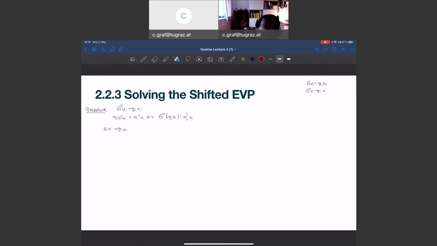So we can plug the following thing in here. And we end up with T transposed T v i equals eta i squared v i for i from 1 to m. So we have an eigenvalue problem here.